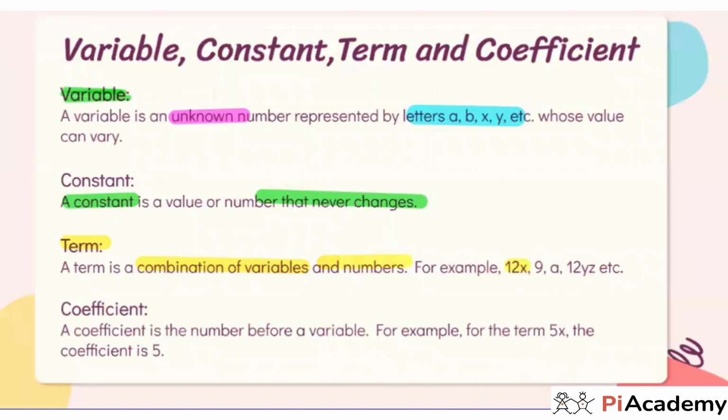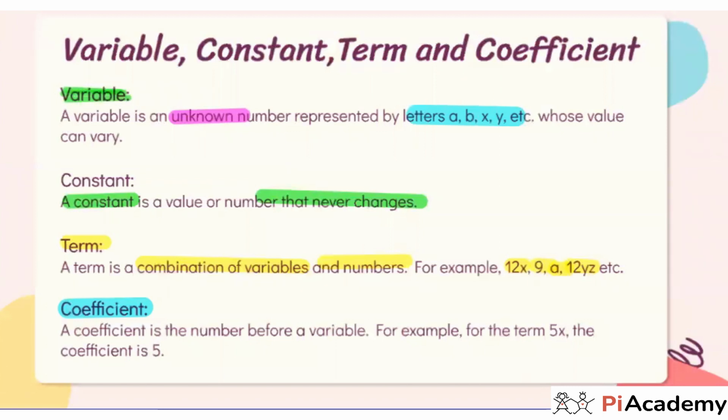Then 9a, 12yz, all these are terms. Then the last one is the coefficient. Samir, can you please try, what is meant by coefficient? Coefficient is the number before the variable. In the term 5x, the coefficient will be 5.